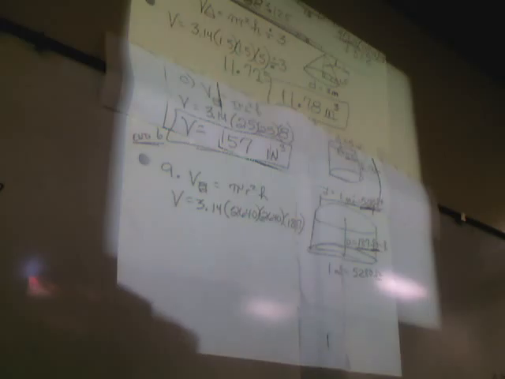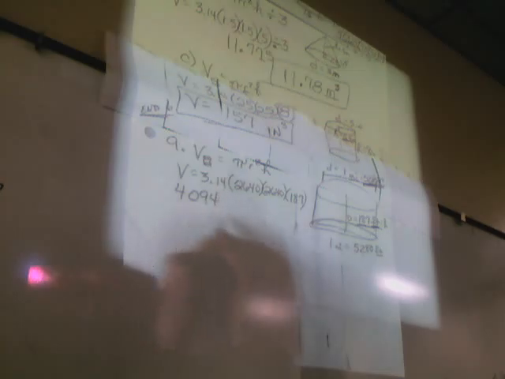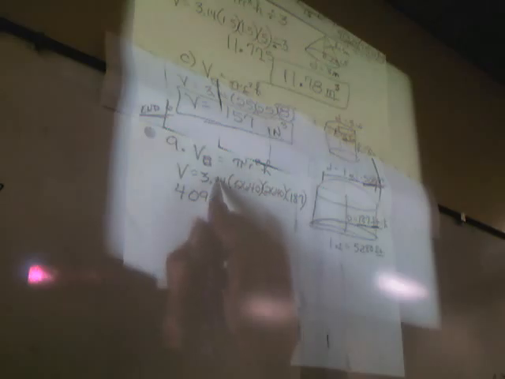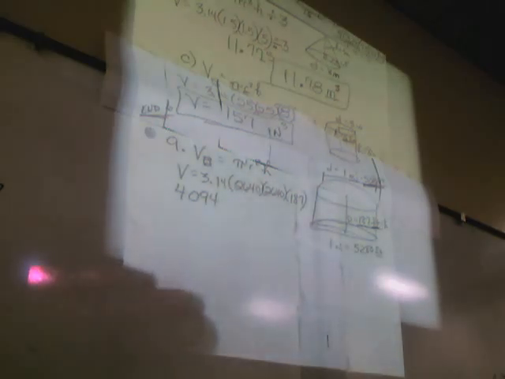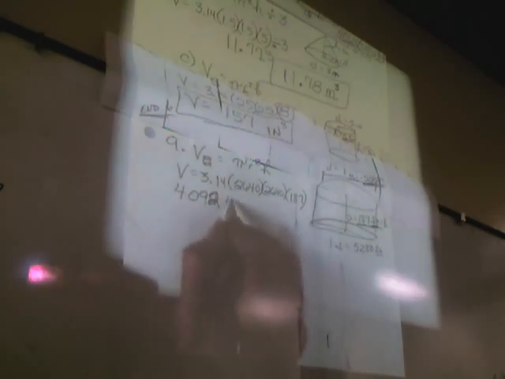Oh, you know what? The book used the pi button probably.